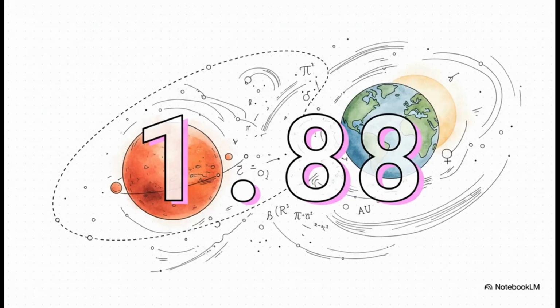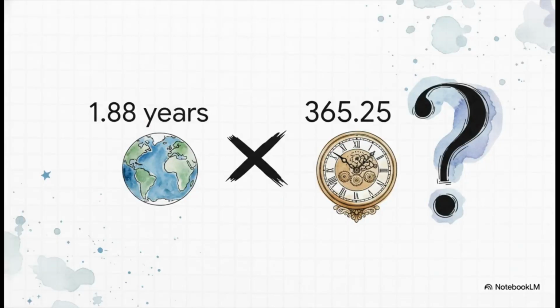Our calculation gives us a result of 1.88. So what does this mean? It means one Martian year is the same as 1.88 Earth years. We've just determined the sidereal period of Mars. Now, while 1.88 Earth years is scientifically precise, it's not the most intuitive number, is it?